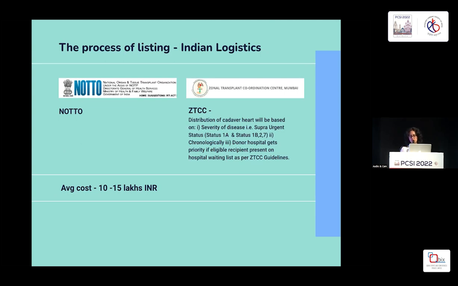From where I come, the ZTCC, or the Zonal Transplant Coordination Committee, is the authority we report to, which decides the listing, the ranking, and the organ delivery. An average cost of transplant in a corporate setup would be somewhere between 10 to 15 lakhs, and we still need a lot of work wherein institutions and government schemes can be roped in to help these patients.